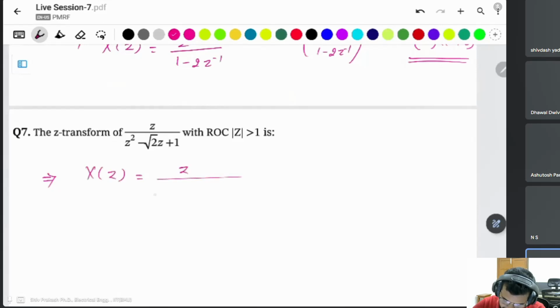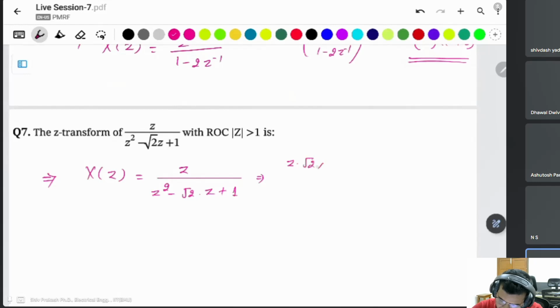Z divided by Z square minus root 2 into Z plus 1. Can you multiply this one by root 2? Z into root 2.